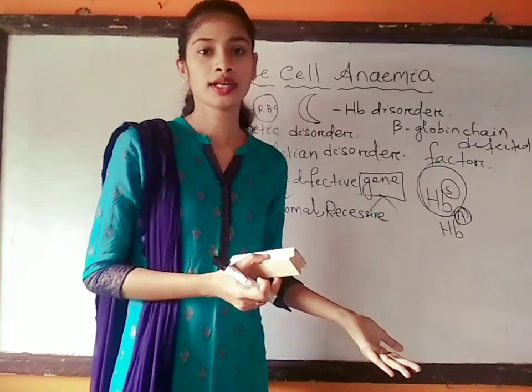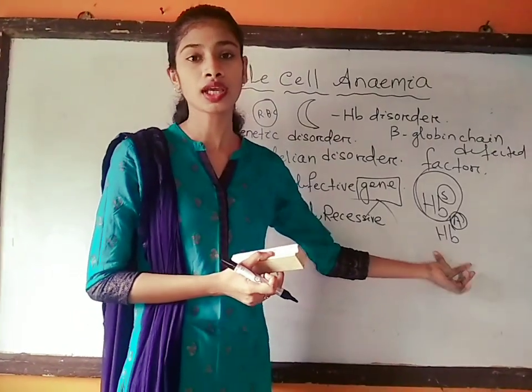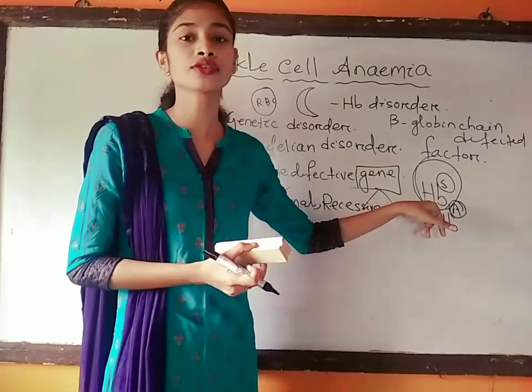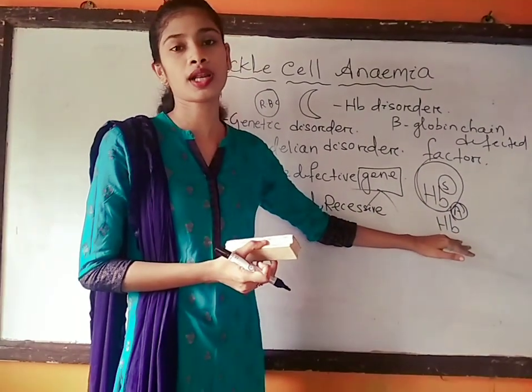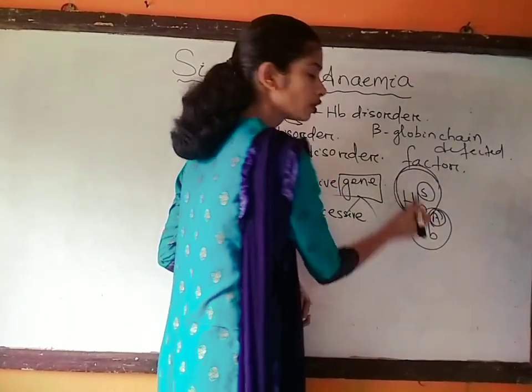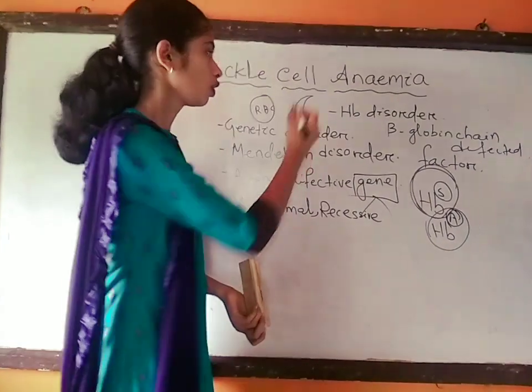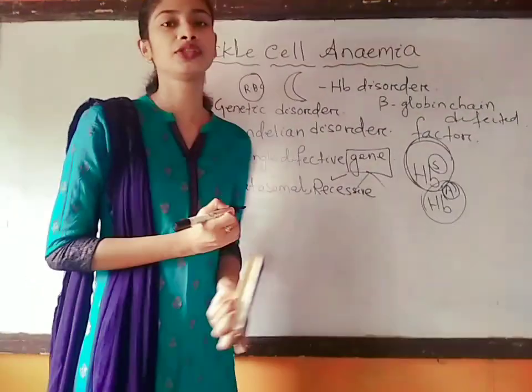It cannot show its characters in front of the normal allele. So the normal allele is dominant, and sickle cell anemia is an autosomal recessive disorder.